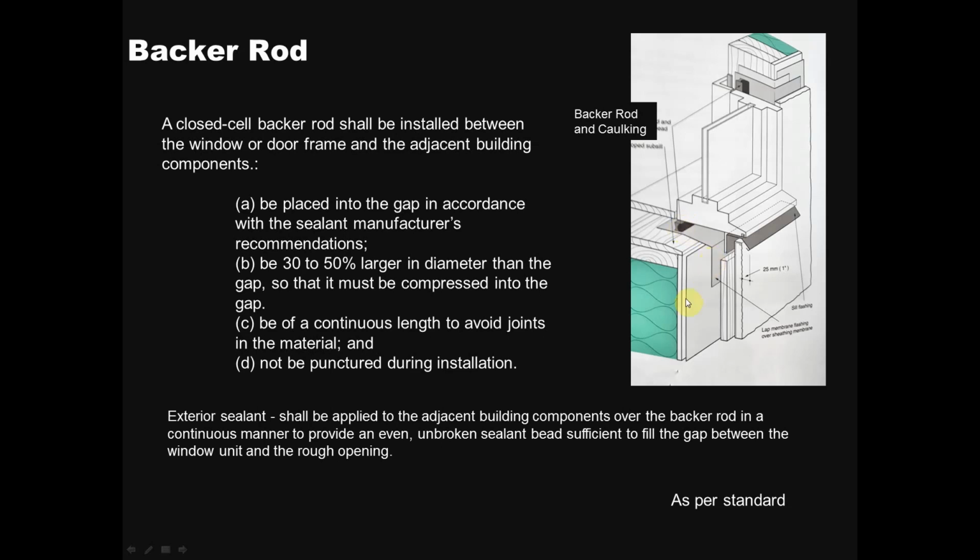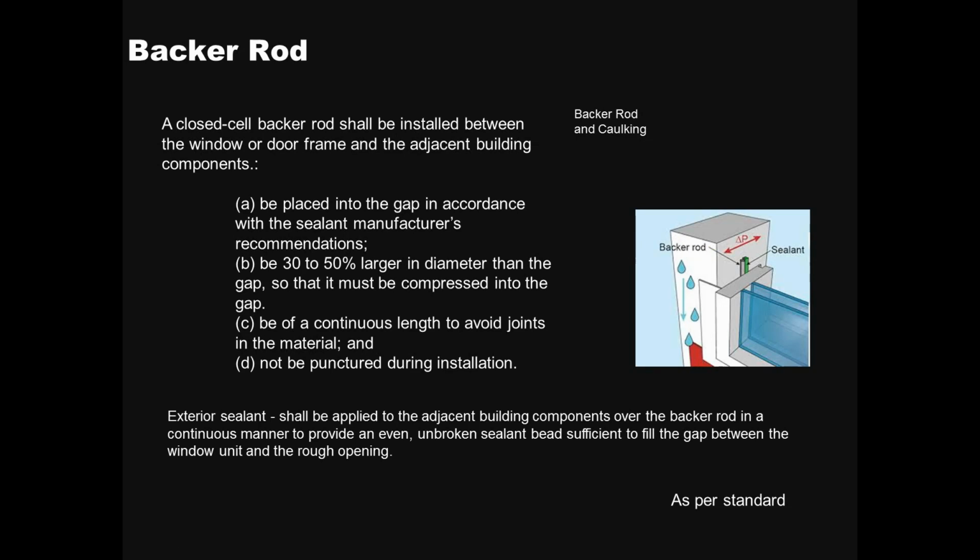I've not seen a backer rod being used in window installations, maybe in a commercial application, but that's just the standard. Now where that goes, you can see the window planing here and the backer rod there. As I say, with most building inspectors, you don't see the backer rod being used.